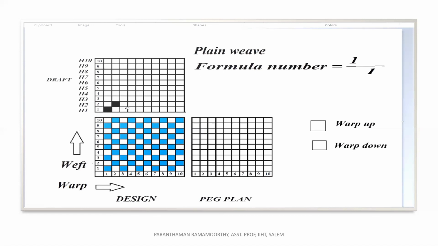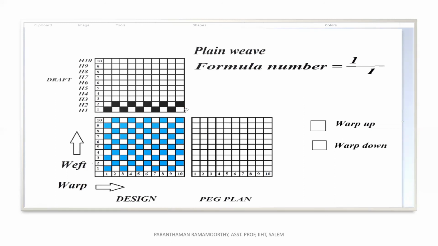The third end is the same as the first end, so we mark it as the first heald frame. In the same way, all odd-numbered ends are the same as the first end, so we mark all the odd ends in the first heald frame, and all the even ends are the same as the second end, so we mark all the even ends in the second heald frame. So drafting is over now.